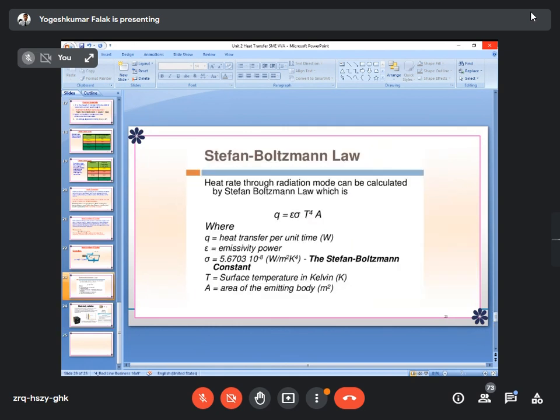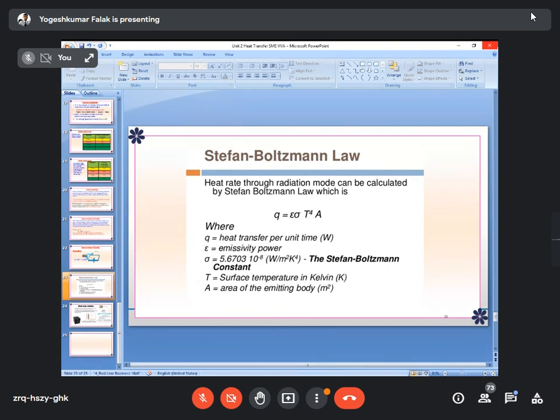Just write down Q is equal to epsilon sigma (T raised to 4 minus ...) times A. So put this equation there, put in all the values, where sigma is a constant, and calculate the answer. So that's about the Stefan-Boltzmann law, or the radiation law.